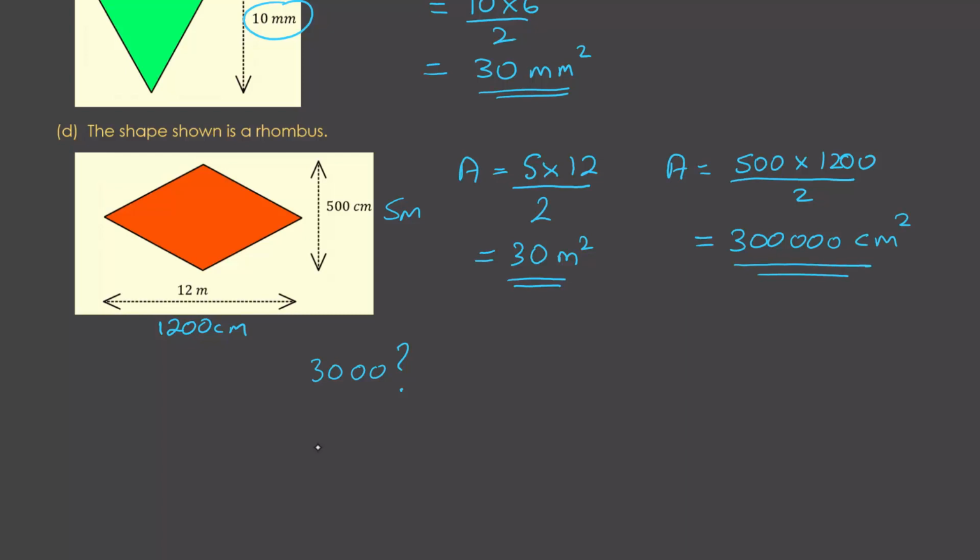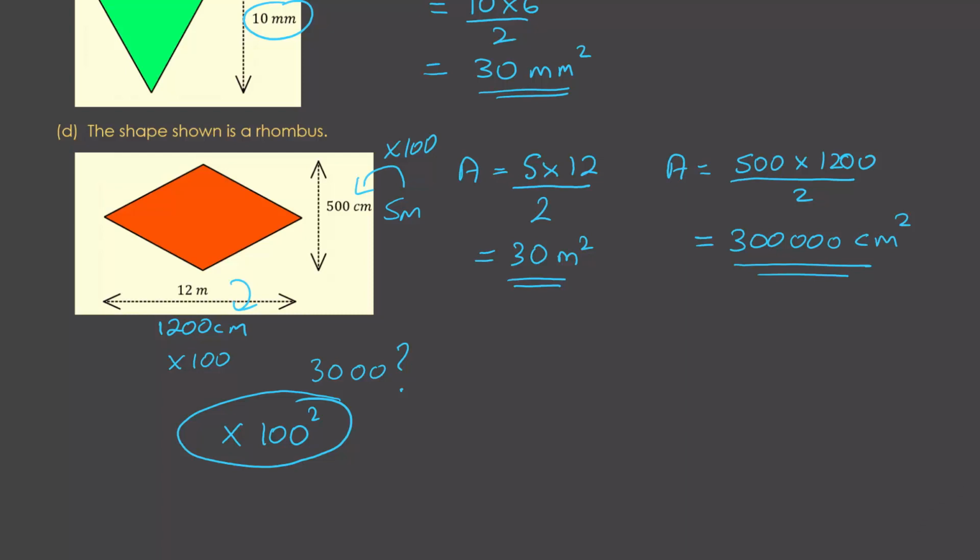Same idea we discussed above. When we changed here, we multiplied by 100. If we change here, we multiply by 100. So we have to multiply by 100 squared, not just 100 when converting area. We're going to come on to converting area shortly.